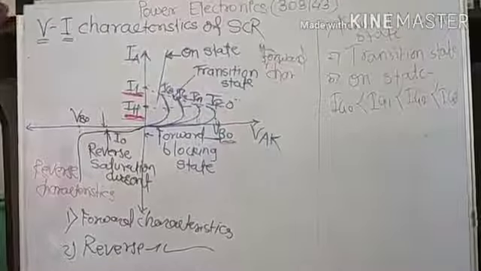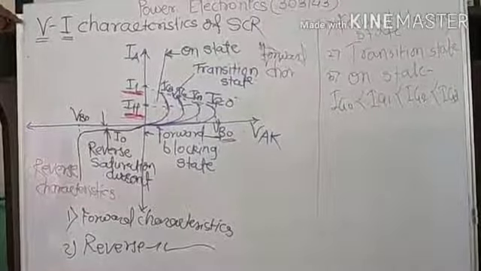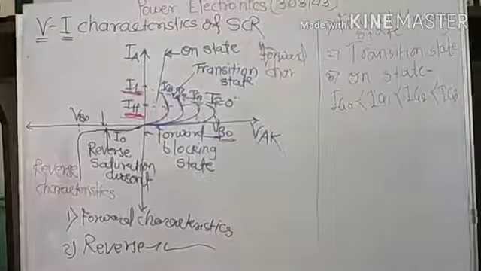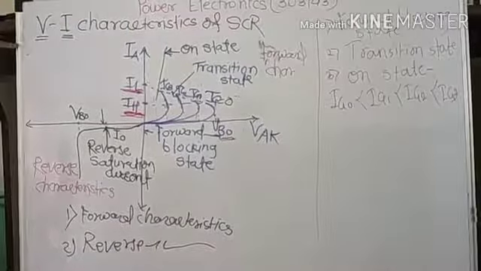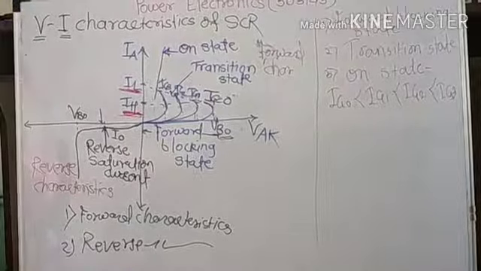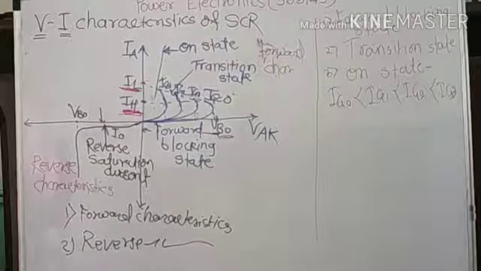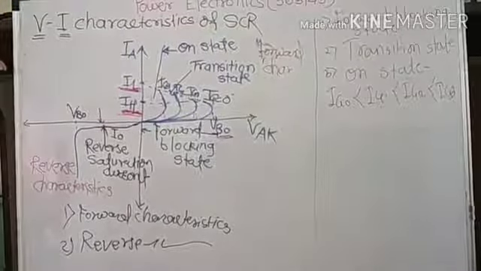Then the next one is disadvantages. Its main disadvantage is that its turning on process is very simple, but to turn off the SCR we need extra circuitry. We can say that the SCR turn on method is very simple, which is one of its advantages.